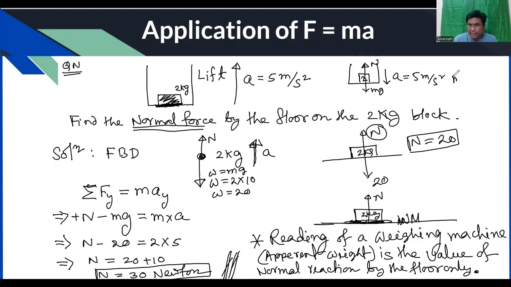This time you write mg minus N equal to mass into acceleration, okay? Why? Because acceleration is downward, so I have taken downward force as positive, and upward force will be negative. From that you can calculate the value of N, which will obviously be less than 20. Earlier it was greater than 20, but in this case it will be less than 20, okay?